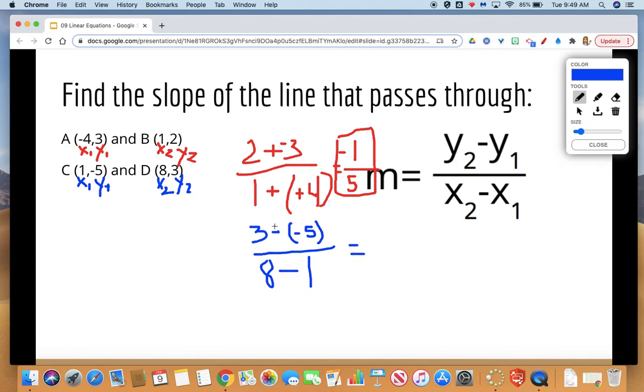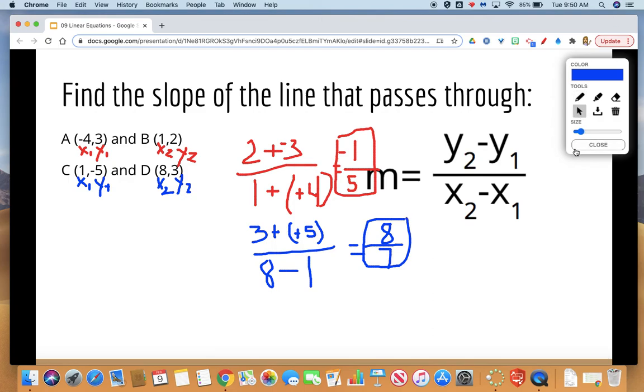When I evaluate, add the opposite, I get 8 over 7. Just a friendly reminder with slope, it's okay to have it improper. We do not want to change that to 1 1/7. That would not make as much sense for us when we're graphing. You can just leave it as 8/7.